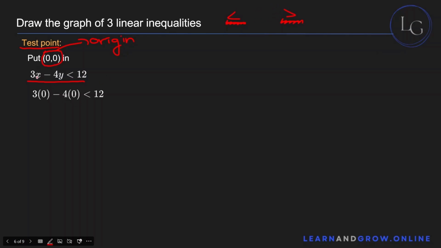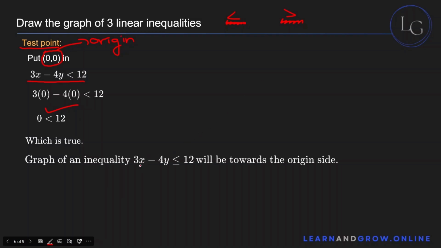Now, for the first inequality, you plug in (0, 0), and it says that 0 is less than 12, which is true, right? So the graph of the first inequality will be towards the origin. Whenever it's true, it will be towards the origin. When it is false, it will be away from the origin.